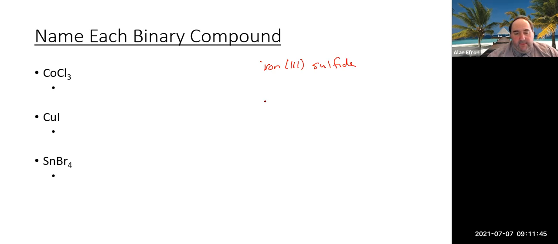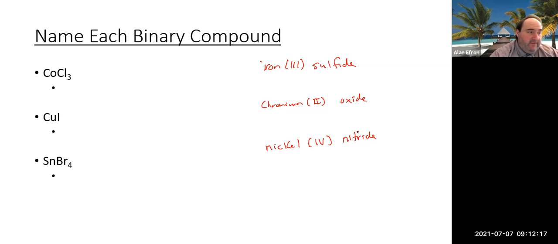Let's do chromium 2 oxide, so chromium 2 oxide, and let's do nickel 4 nitride. All right, so guys on the left, let's do proper names. Guys on the right, proper formulas.